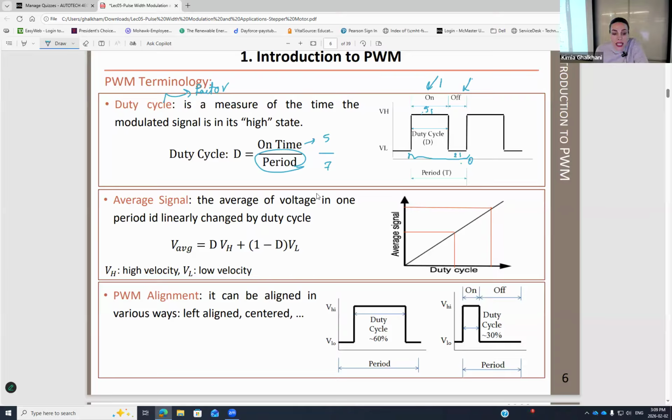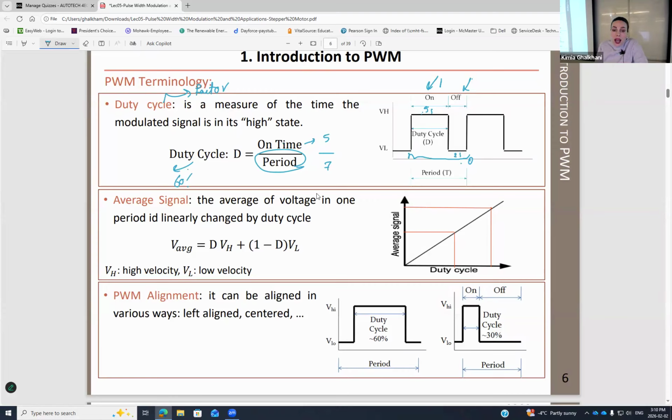Now, if I have a 60% duty cycle, it means instead of having on time and period, I'm having the duty cycle, which we had something similar to in analog to digital. If I have a 60% duty cycle, how do I calculate the on time and off time?